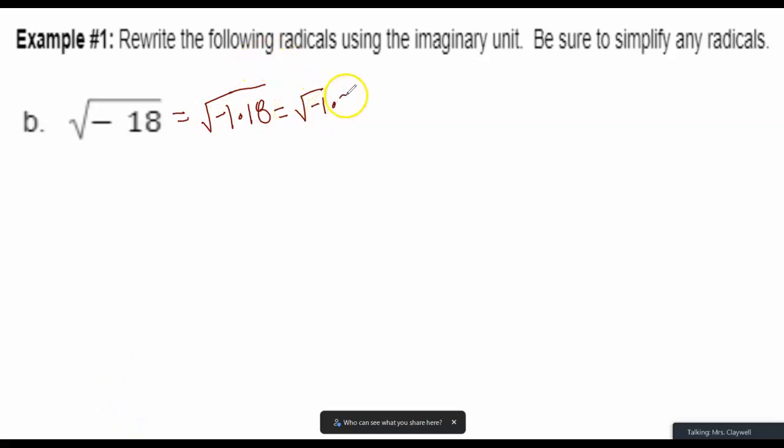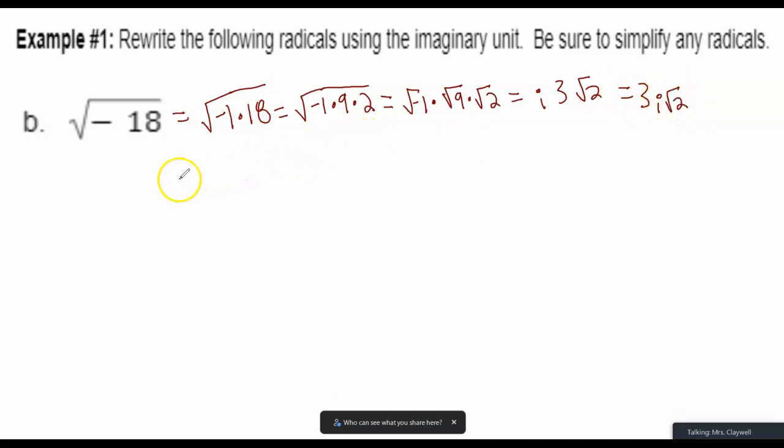I learned to think of this as a 9 times a 2. So I have an i, a 3, and a square root 2, or 3i square root 2.